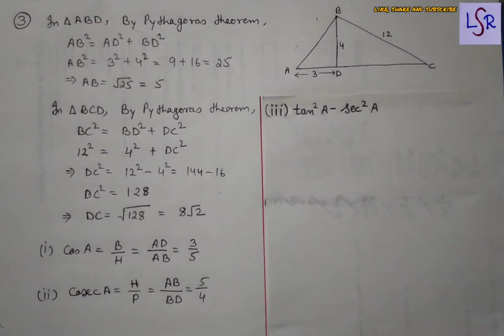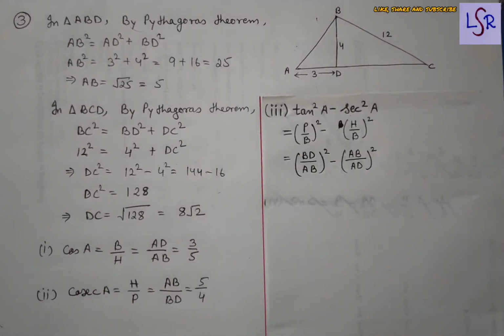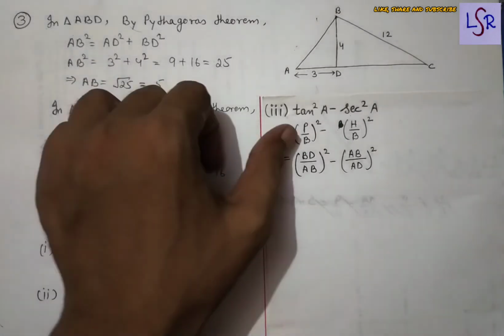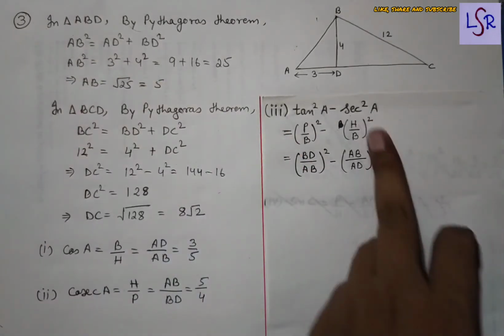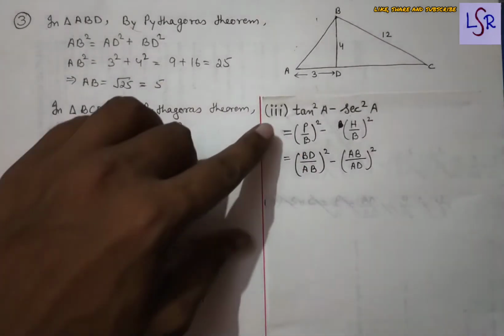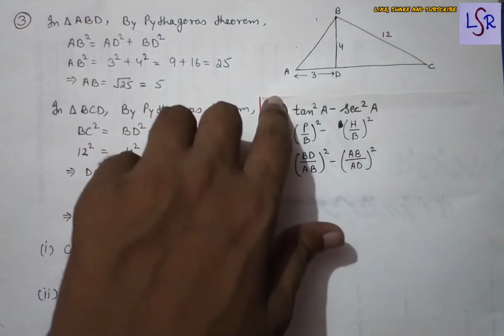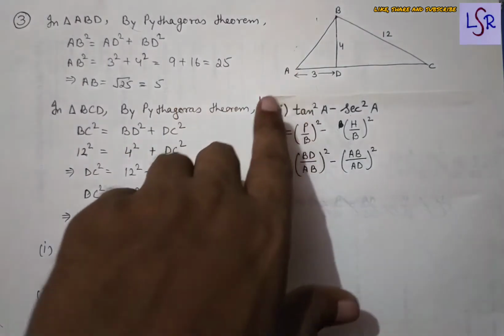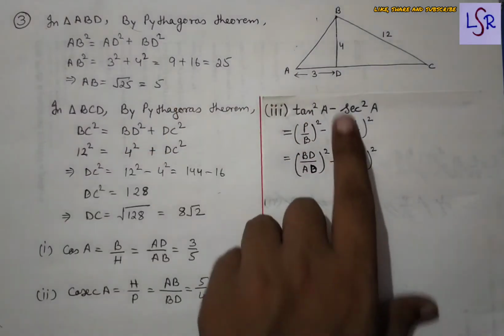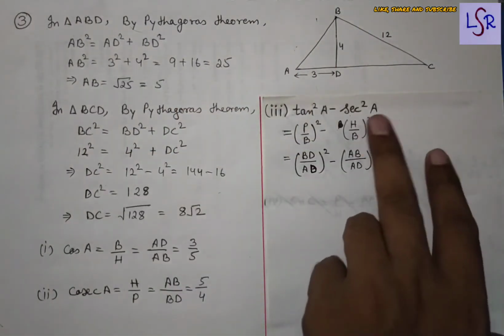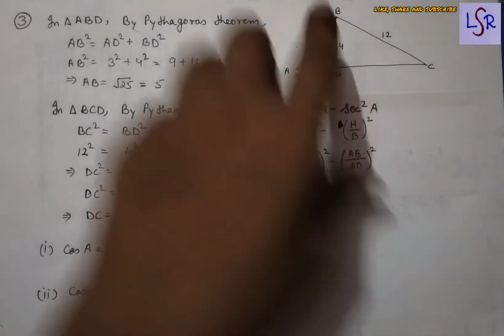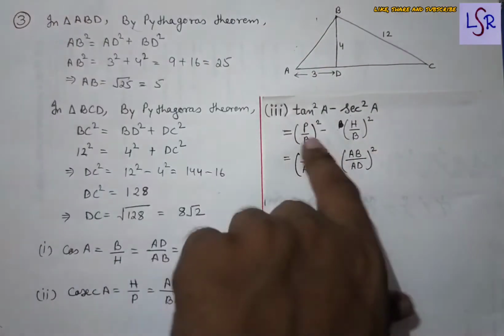Now let's do the third part. Then place the value of tan A, that is perpendicular upon base, and sec A, that is hypotenuse upon base. According to the angle A, the perpendicular is BD upon base, we are having AD. And similarly for sec, hypotenuse upon base, this will be the hypotenuse AB upon AD.